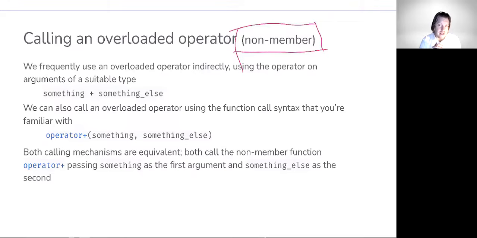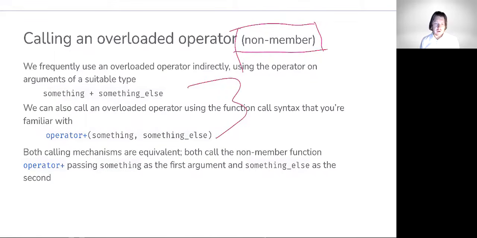Remember when we provided a definition for the overloaded operator in terms of our color class, we essentially defined it as a function with the name operator followed by the symbol for the operator that we'd like to overload, followed by, as a non-member, 2 parameters if it was a binary operator, 1 for a unary operator. Both of these calling mechanisms are equivalent.